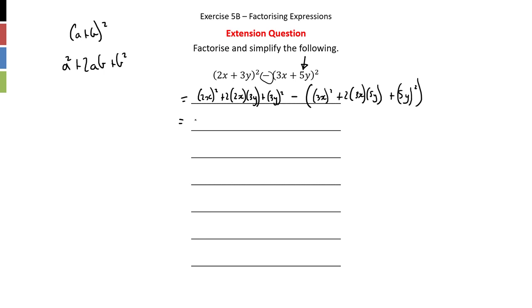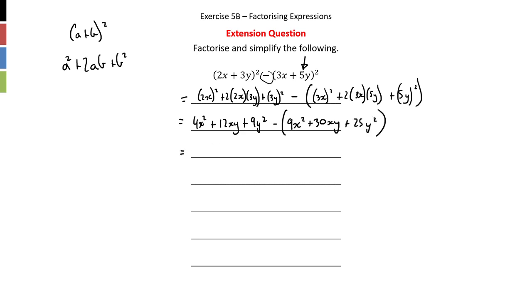So let's start doing some expansion. We get 4x squared plus 2 times 2 is 4, times 3 is 12xy, plus 9y squared. I'm going to put minus and keep this all in brackets first. So 9x squared, 2 times 3 times 5 is 30xy, and plus 25y squared.